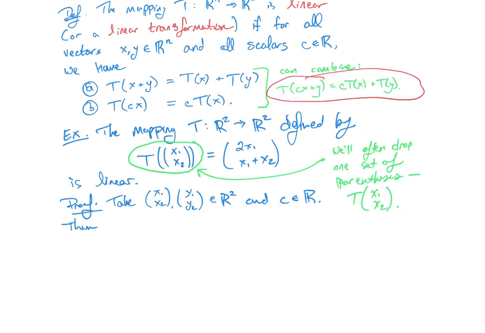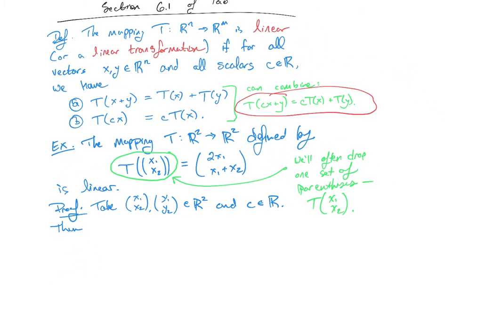Then, okay, we're going to drop that extra set of parentheses. What do we need to check? T of c times x plus y. c times x plus y would be cx1 plus y1 and cx2 plus y2.